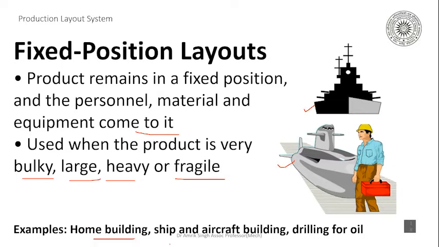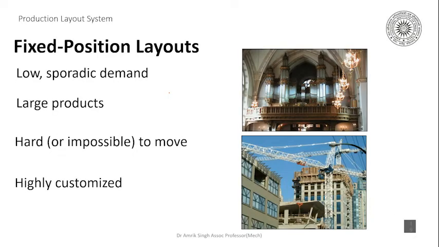Ship, aircraft, building, drilling for oil, all these come under the fixed layout type. Here also you can see it is a building, some fort. Here also some construction is going on. So all these are examples of fixed position layout.